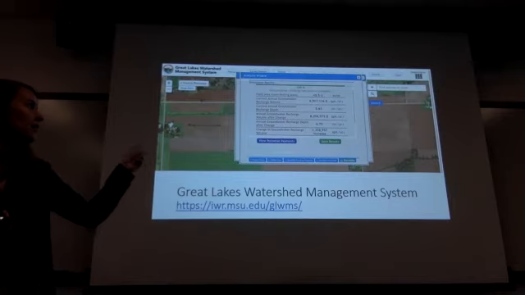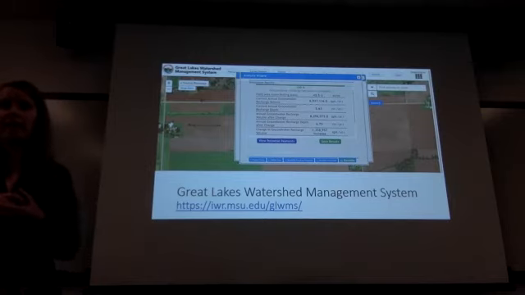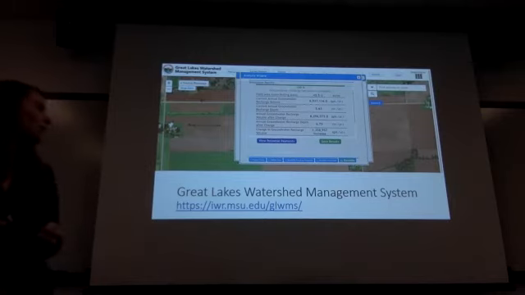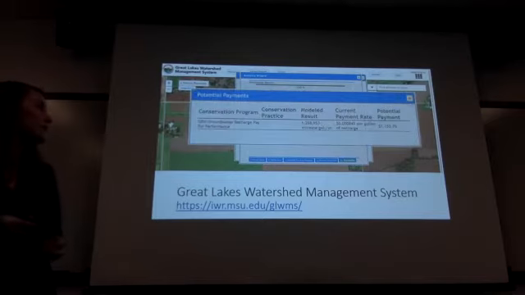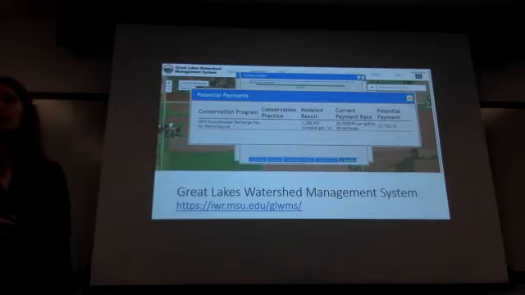Then they'll get their nice little results saying, hey, you're going to increase water replenishment by X gallons. I think this is about a 1.3 million gallon increase. And then they can view their potential payments. In this case, a farmer could get about $1,100 worth of funding for that increase in water replenishment.